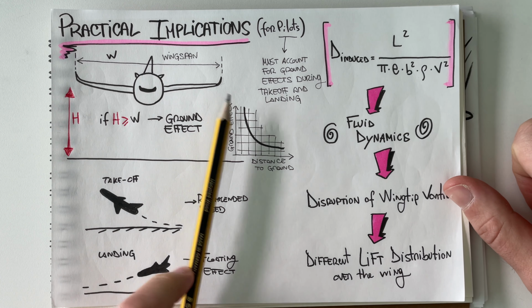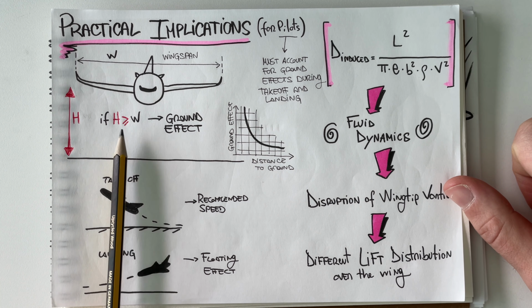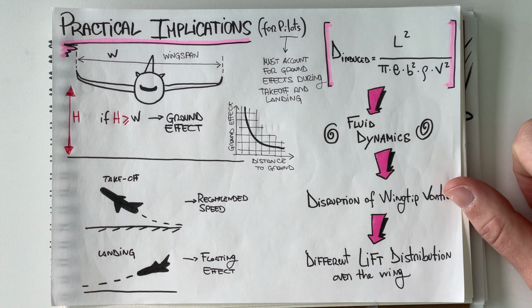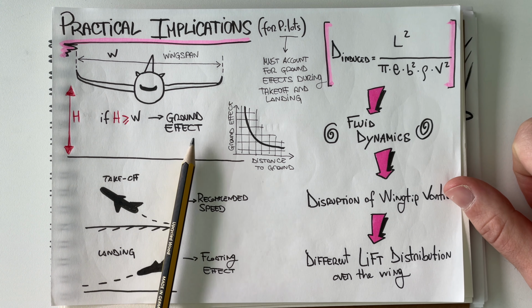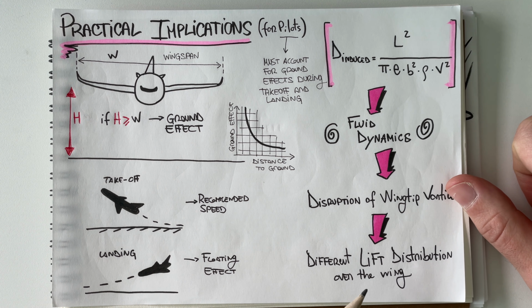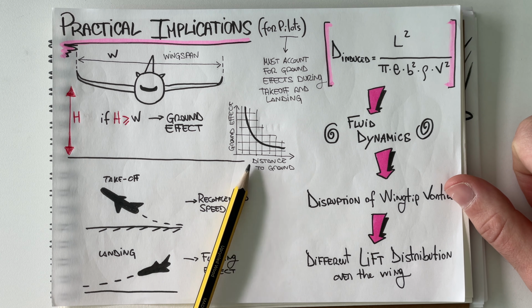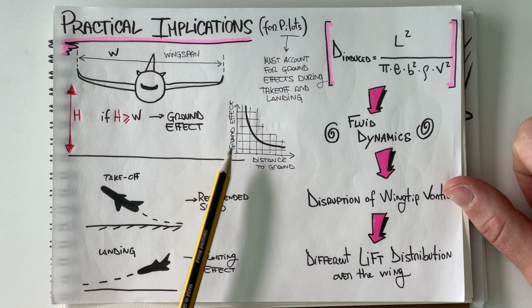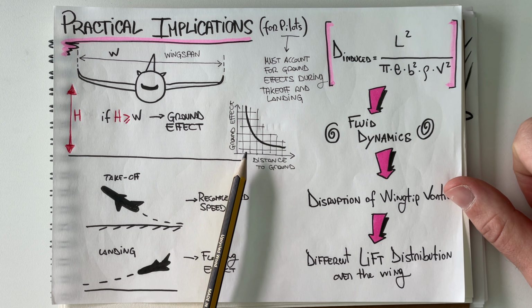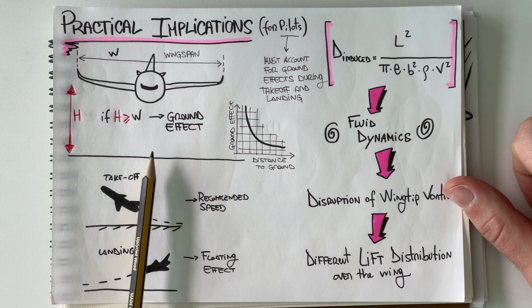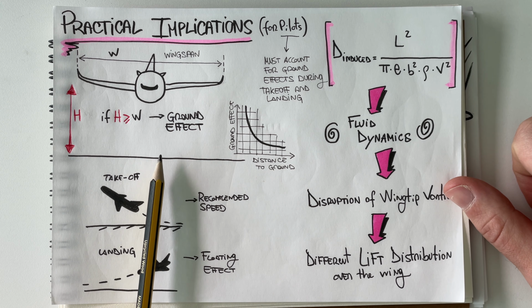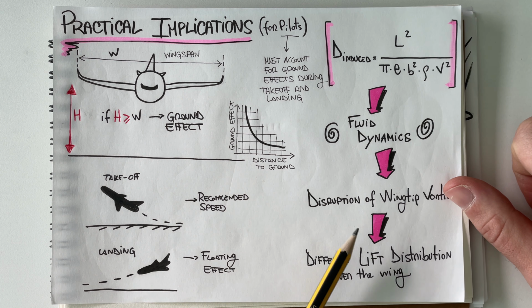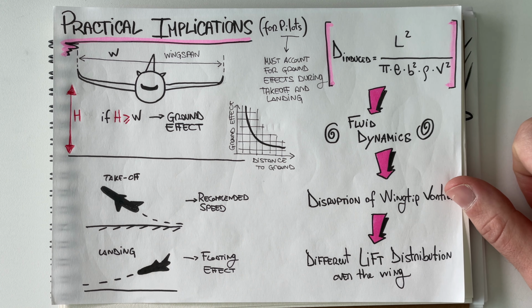If we go lower than the wingspan, that is, if h is lower than b, we can feel the ground effect. And the graph is something like this, where we have the distance to the ground and the ground effect. So the higher the ground effect, the lower the distance to the ground, and the farther we go from the ground, the less the ground effect.